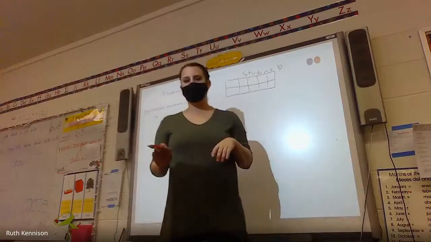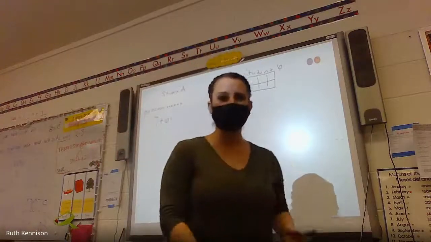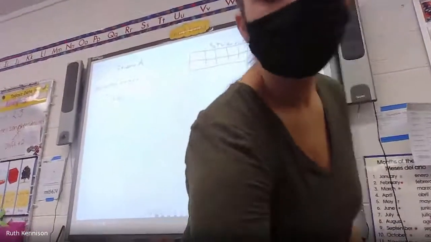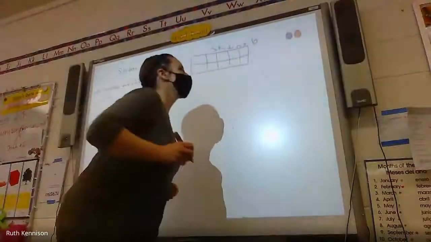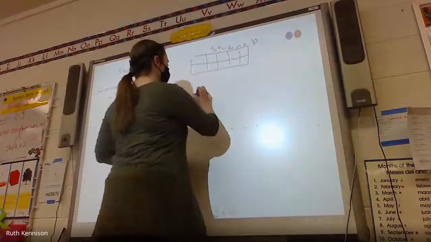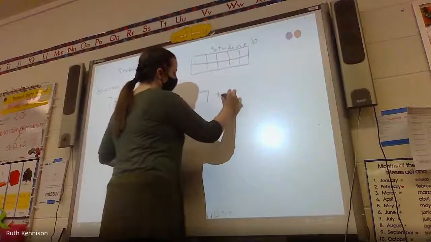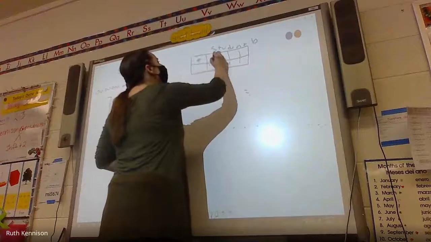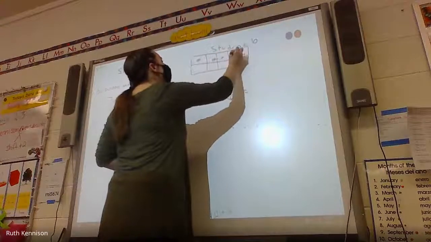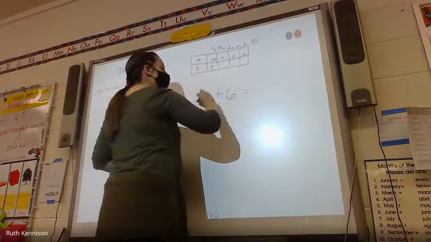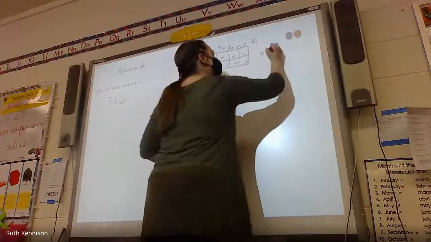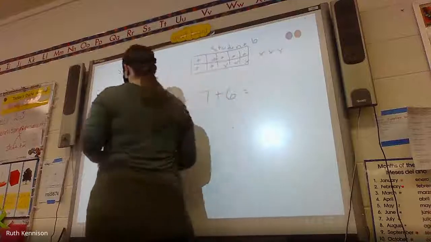Okay. And I also agree with that as well. Okay, good idea. So they did 1, 2, 3, 4, 5, 6, 7, and then they did 6. 1, 2, 3, 4, 5, 6.